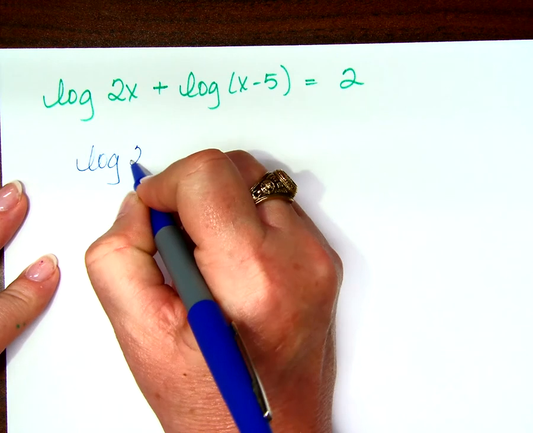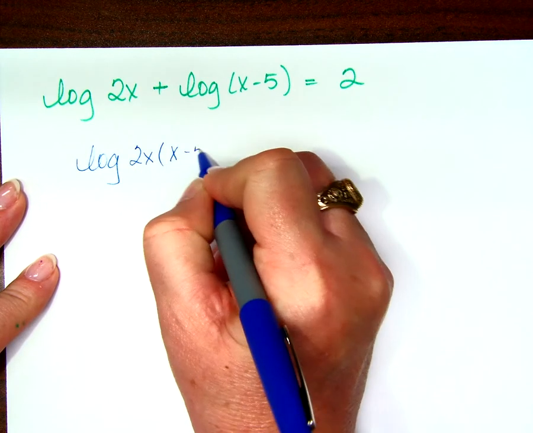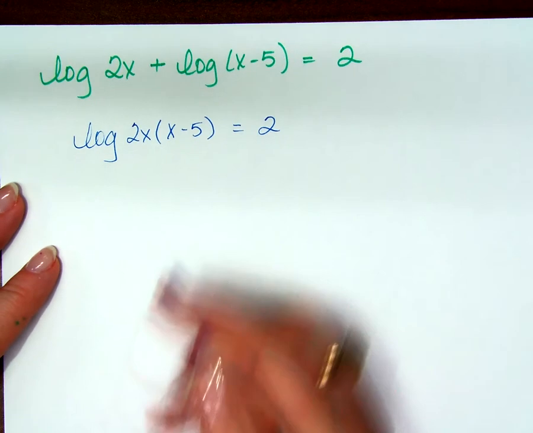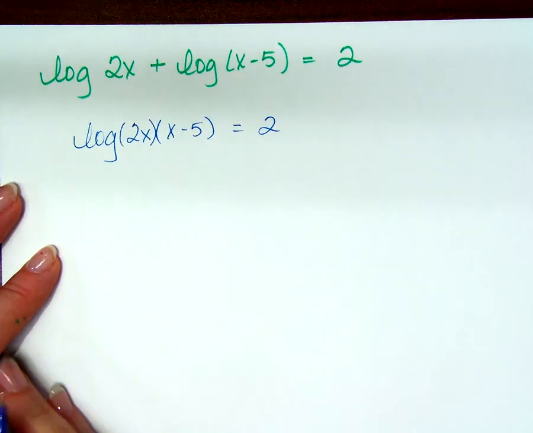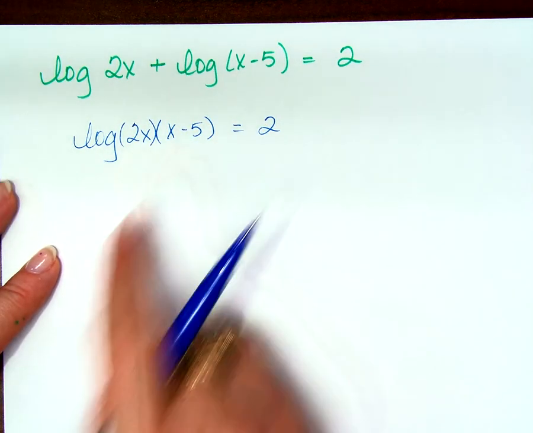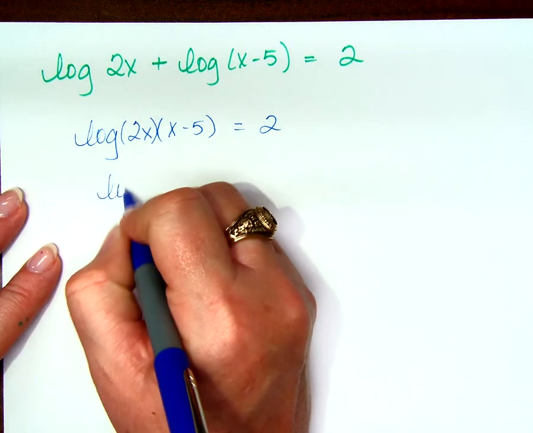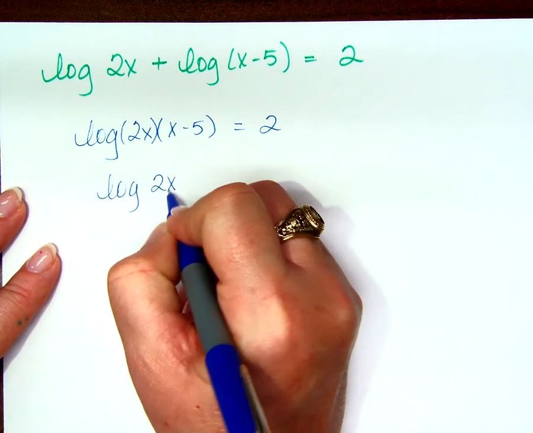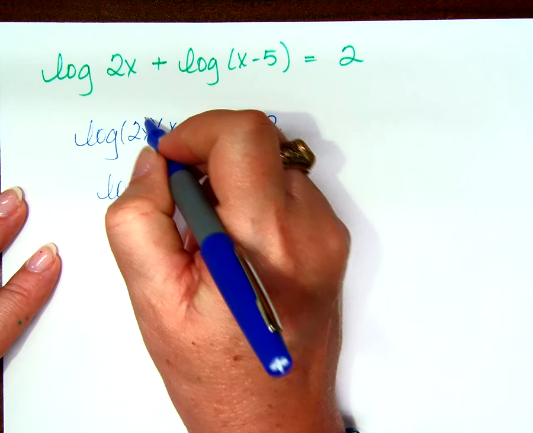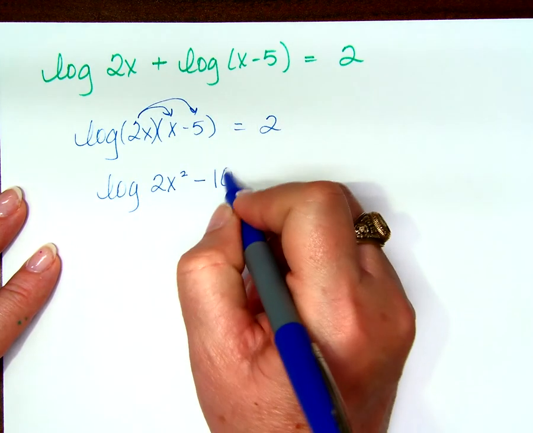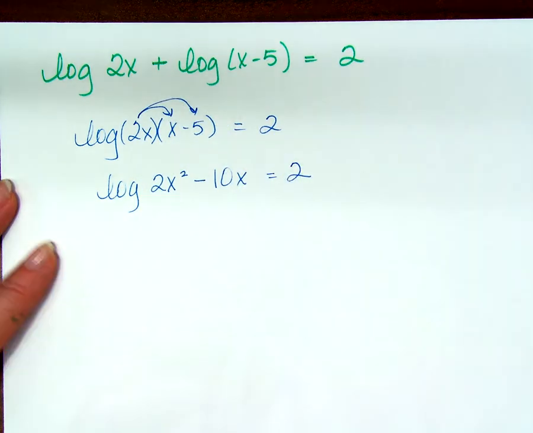So I have 2x times x minus 5, and that equals 2. I'll put that in parentheses for now. I want to simplify that because it's messy, so I write log of 2x squared, distributing here and here, minus 10x equals 2.